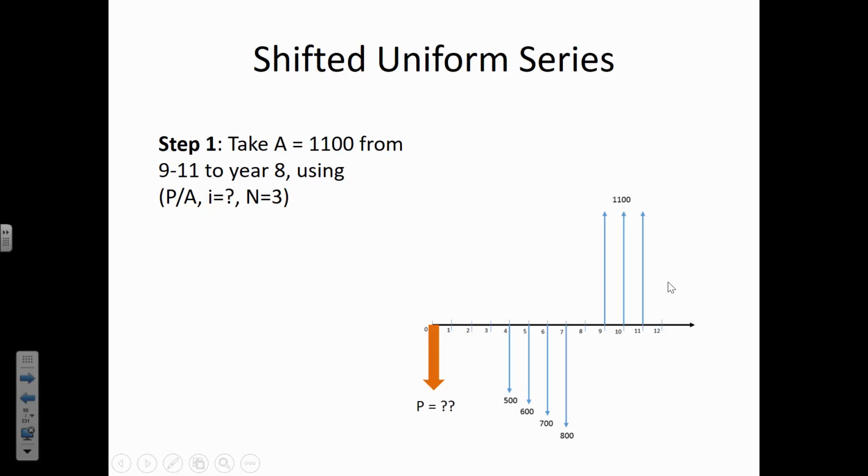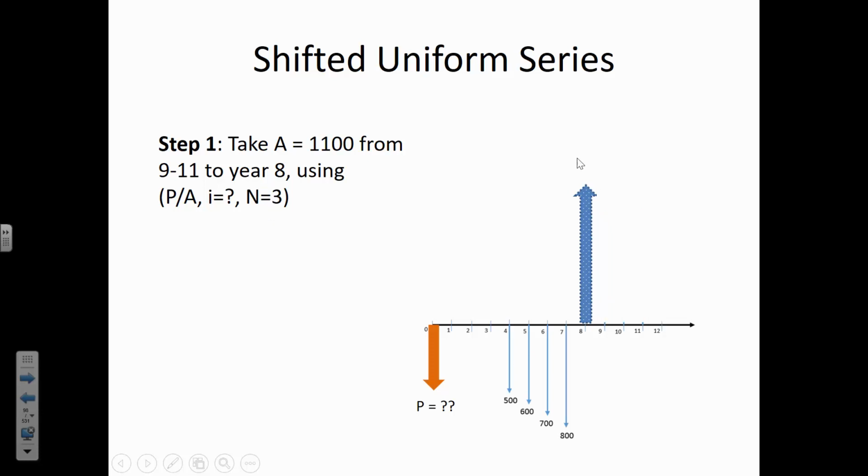First of all, as step one, this is an A, so we would want to find P given A. And what that does is it takes the amount in year 9, 10, and 11, and it moves it to a single combined amount in year 8. So we would do find P given A for whatever interest rate applies, and N equals 8. That's the factor that we would look up.